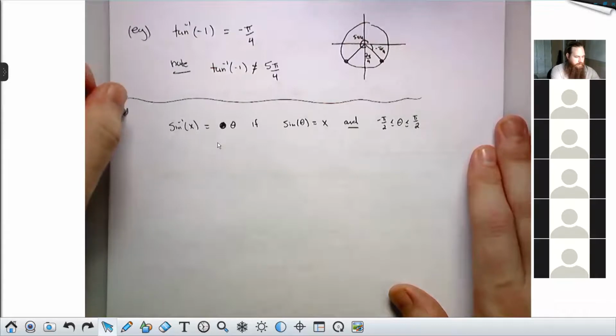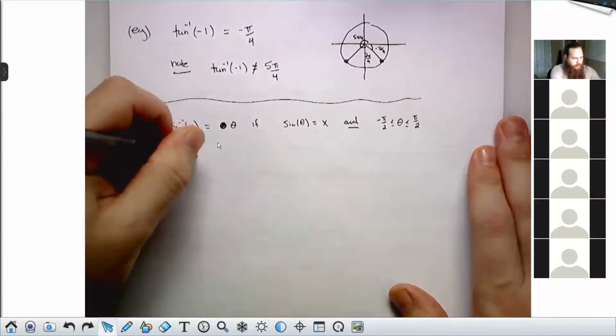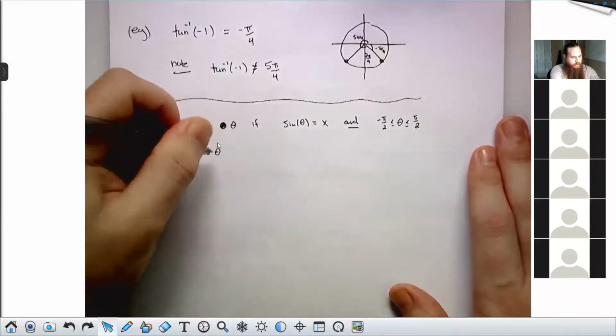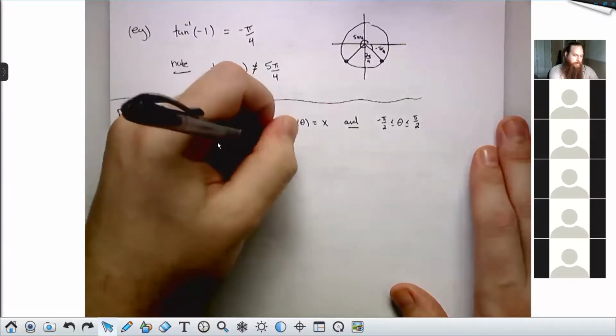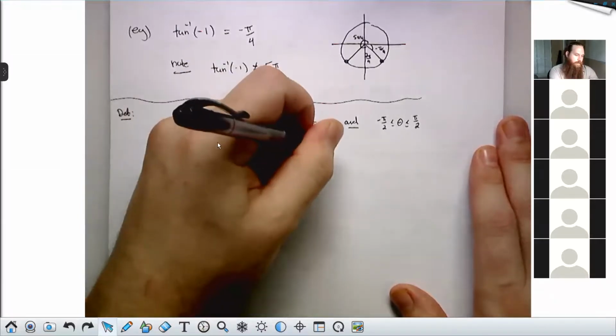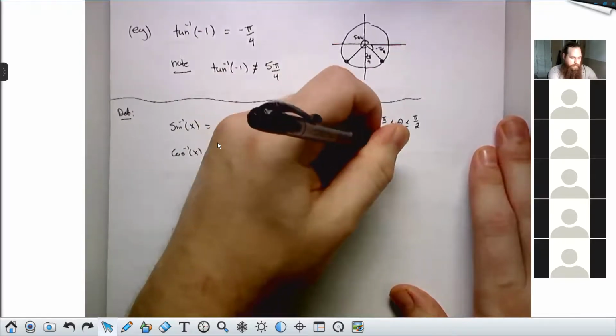These are the definitions. We say that the inverse cosine of x is equal to theta if cosine of theta equals x and 0 is less than or equal to theta is less than or equal to pi.